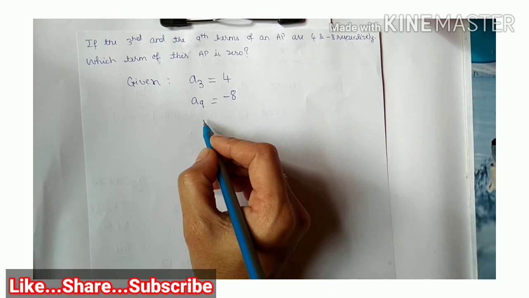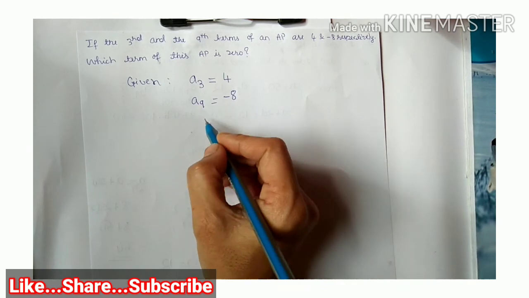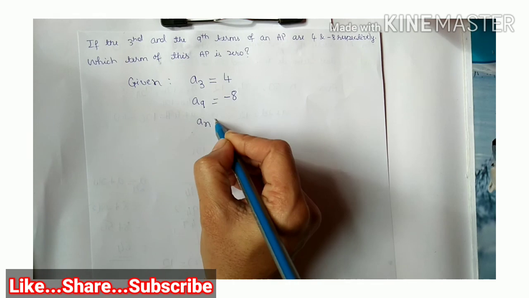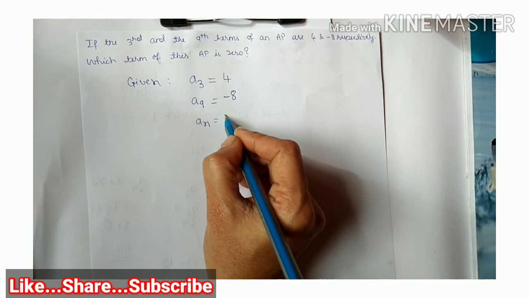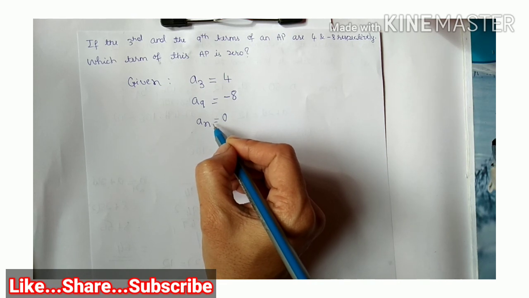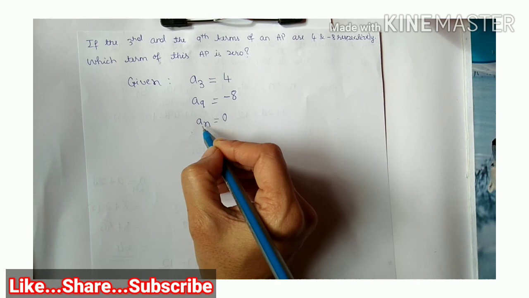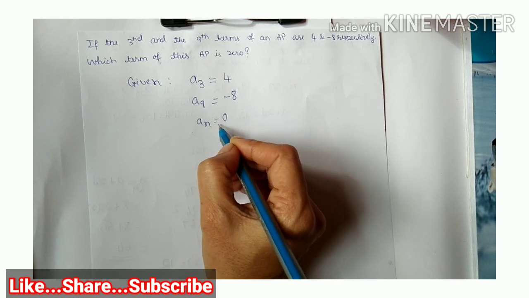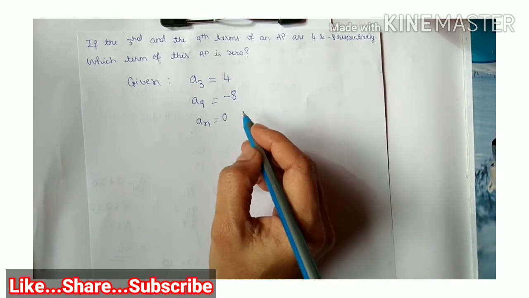For which term of this AP is 0? That is, an is equal to 0. We have to find n, if there is any n for which an is 0.